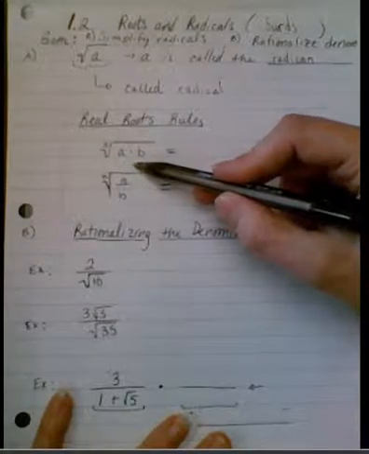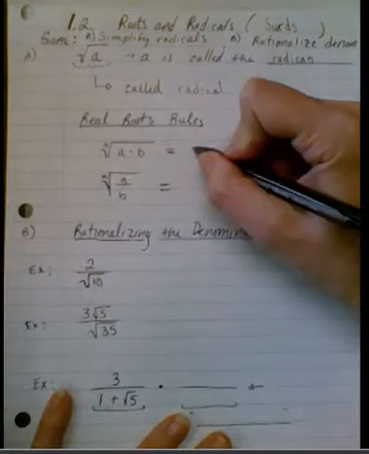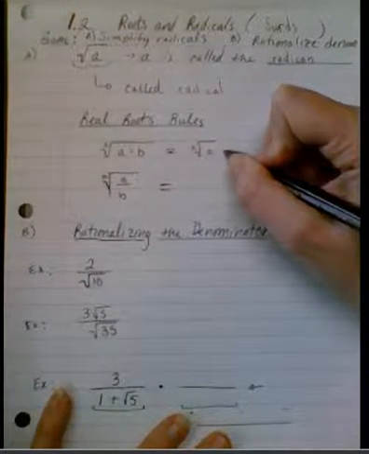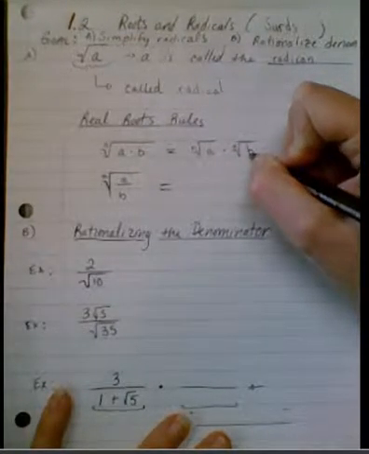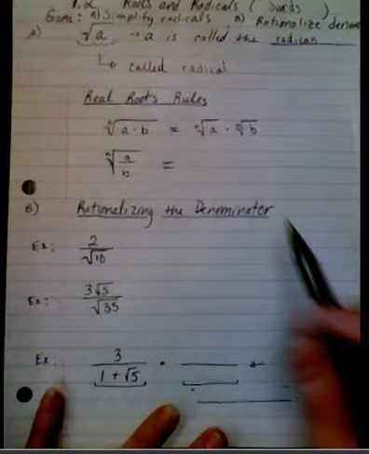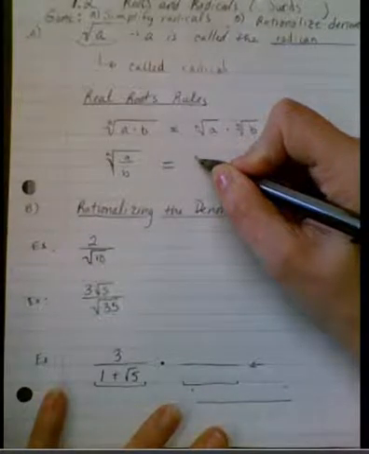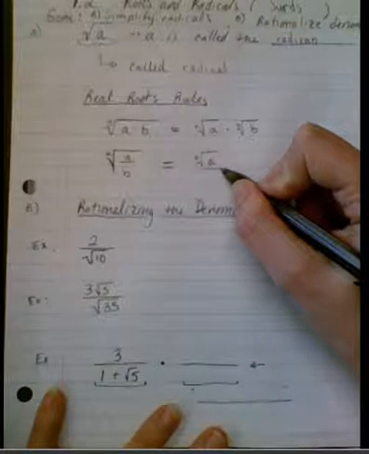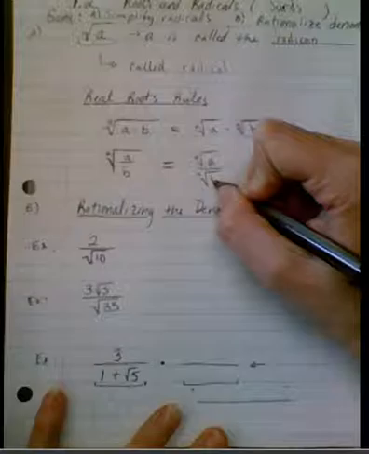So you can take this composite one and you can break it up into the nth root of a times the nth root of b. Or here where we're looking at a fraction, you can always break it up into the nth root of a over the nth root of b.